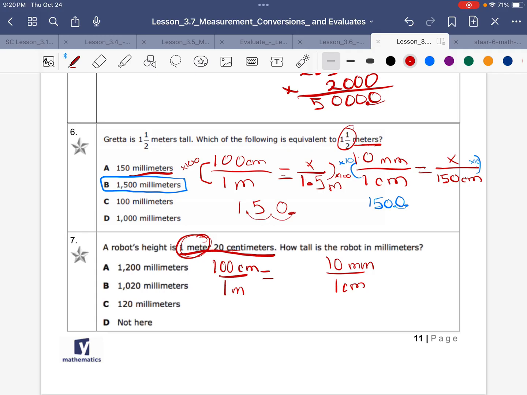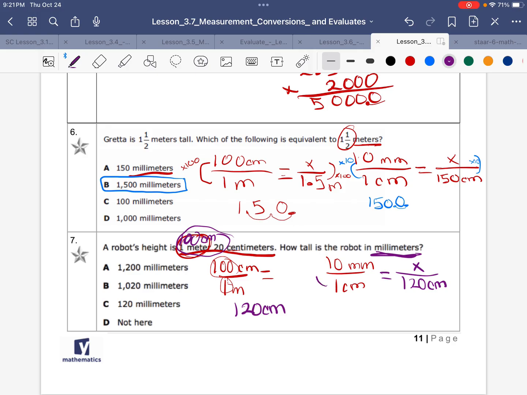But look, it tells you 1 meter right here is equal to how many centimeters? 100. So this essentially here is 100 cms, or centimeters. So together they would be 120 cms, right? But they want to know millimeters. So if we put 120 cms, we can figure out how many millimeters.